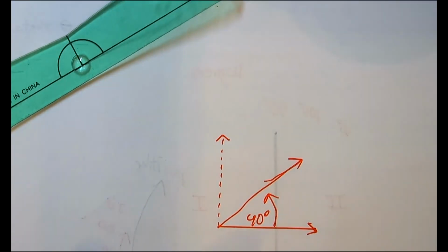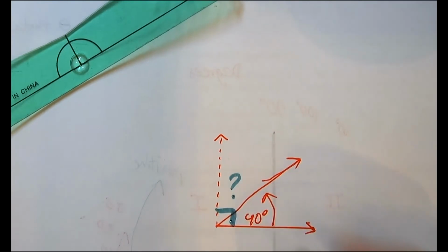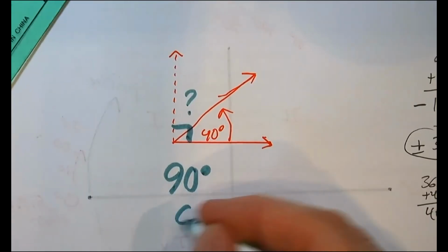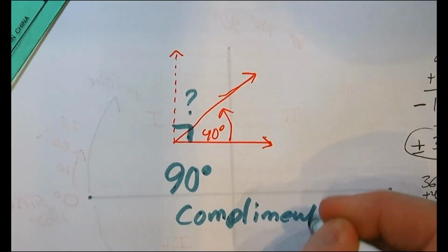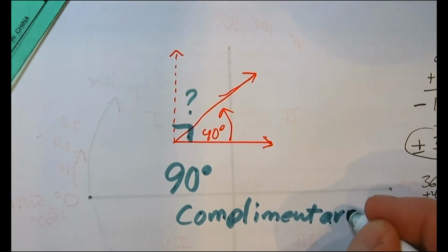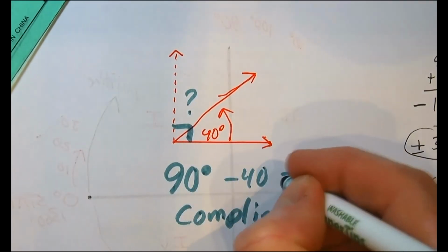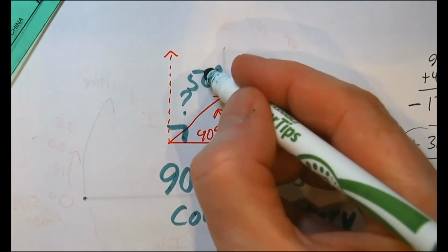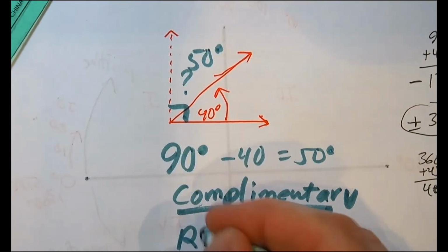What is the missing part to make a corner? If you want to make 90 degrees, we say, what is its complement? Or complementary angles. So what goes with 40? Let's see, 90 take away 40: 50 degrees. The missing piece is 50.